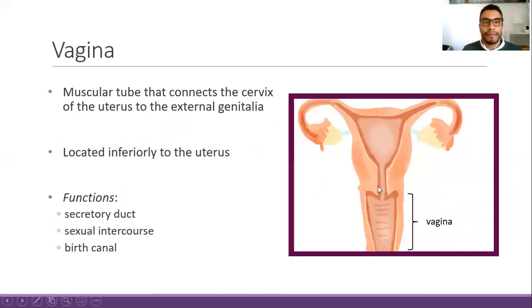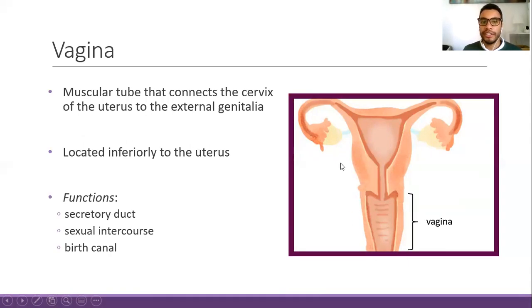The vagina. The vagina is another structure of the female reproductive system. Okay, so it is a muscular tube that you see here that connects the cervix of the uterus to the external genitalia here, inferiorly.